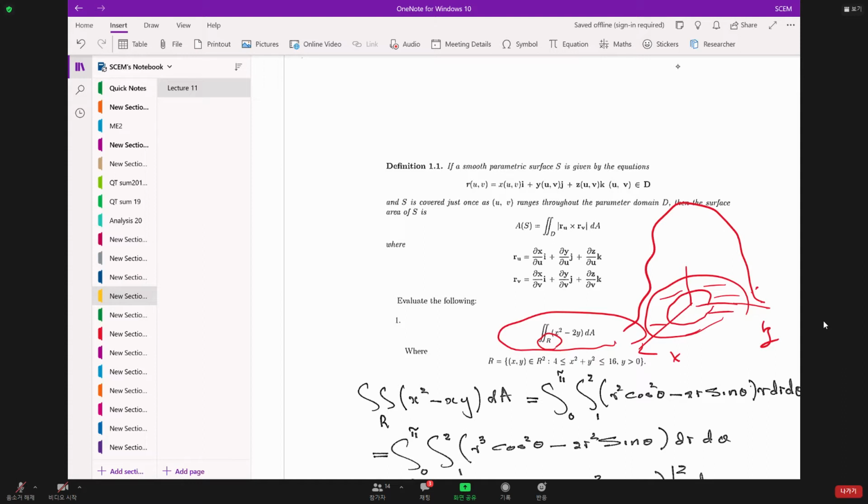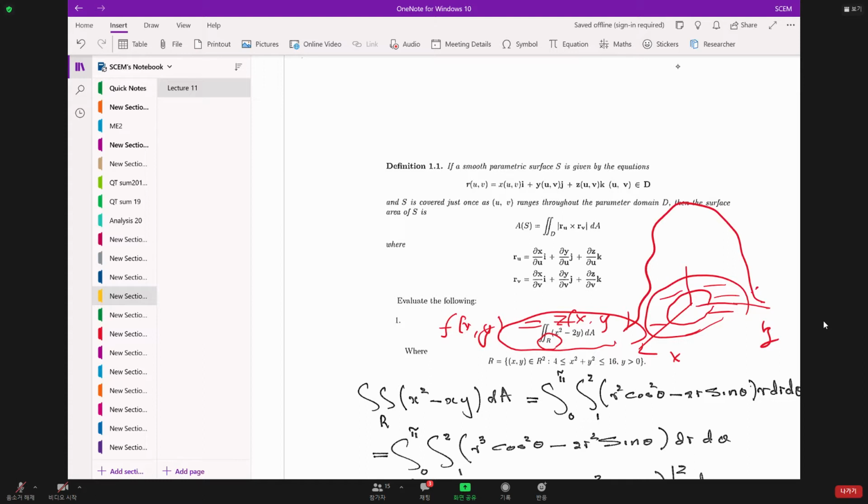Drawing pictures is one thing, but to really understand what's going on is a different thing. So what you're trying to do, and this is like your function is z, which is a function of x, y, or you can call it f(x, y). You're integrating that function over R. So here's your R.